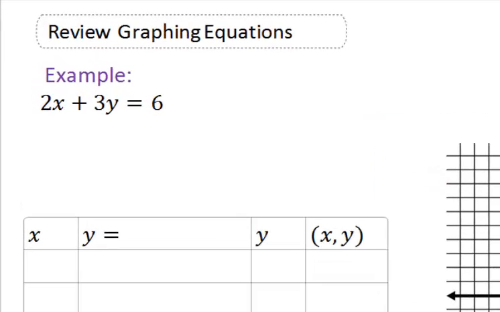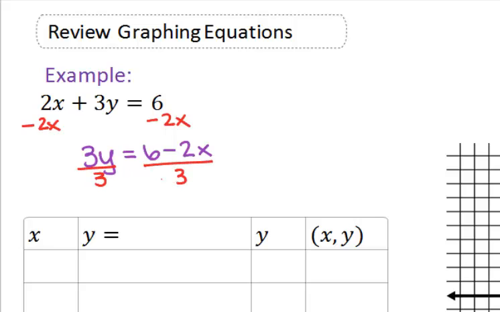To isolate my y variable, the first thing that we would do is subtract 2x from both sides. So that gives me 3y is equal to 6 minus 2x. Then to get rid of the 3 on the y, we divide the whole side by 3.